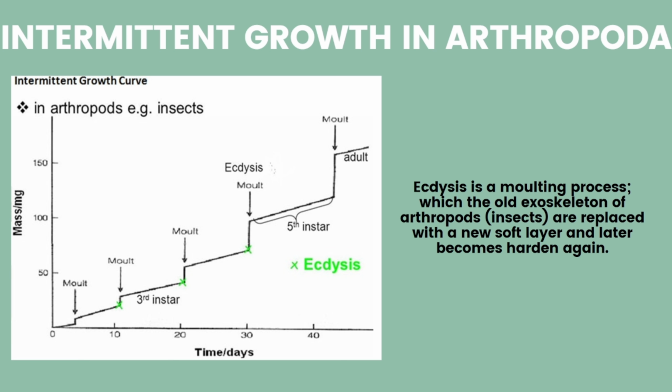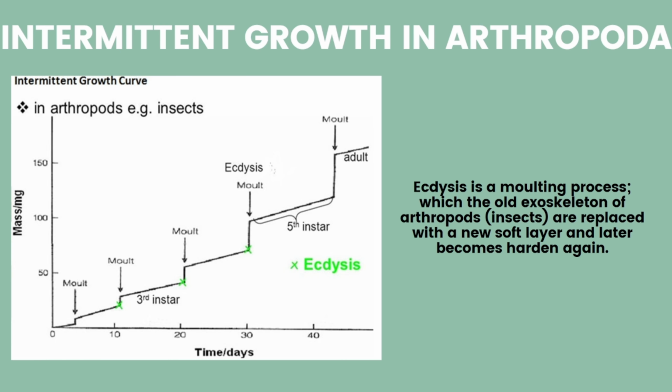So very easily, it is arthropoda. So what is arthropoda? Arthropoda is in the syllabus you will learn in semester 3. But organisms under arthropoda undergo intermittent growth. One example is insect, and crab is another example.